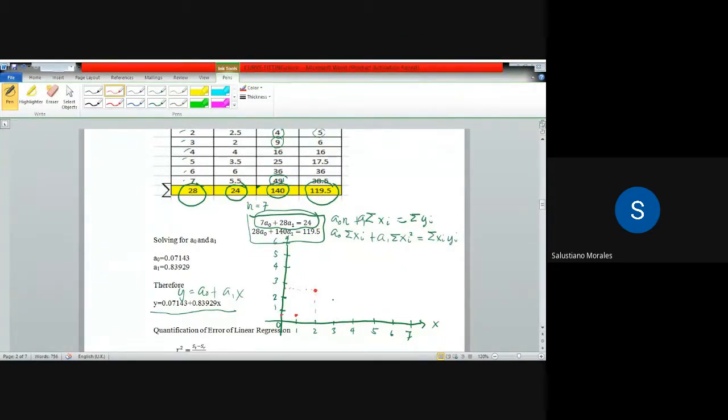Then 3, 2. So we have this another point here. Then 4, 4. So the point generated by that should be ito. Then 5, 3.5. Then 6, 6.